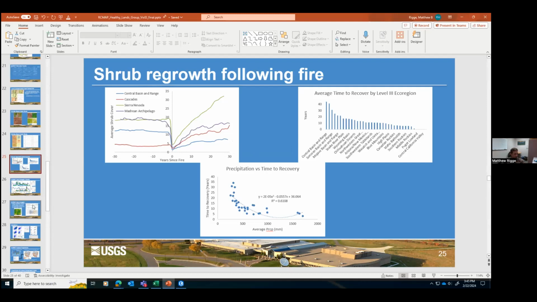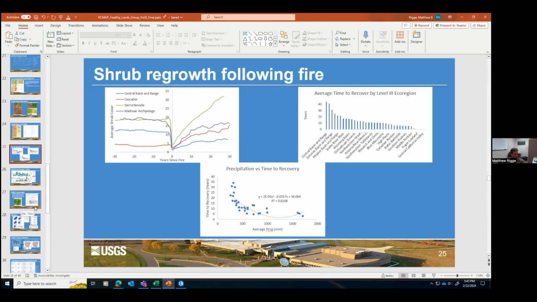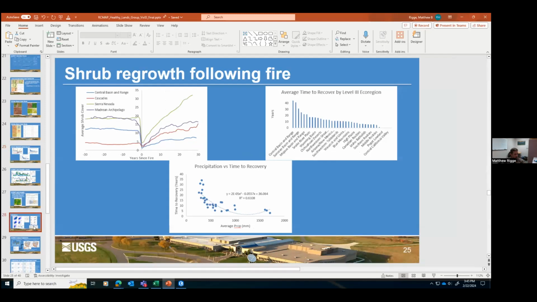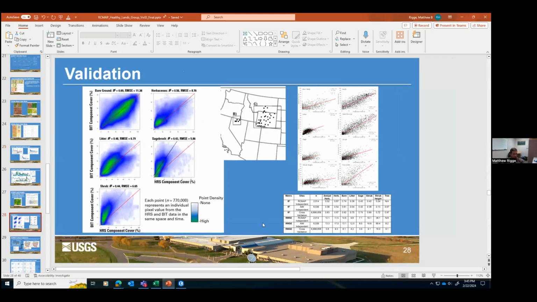For the sake of time, I'll skip over some of this stuff. I'll talk about validation quickly. The take home here in terms of validation is about 15% improved accuracy relative to our old version.